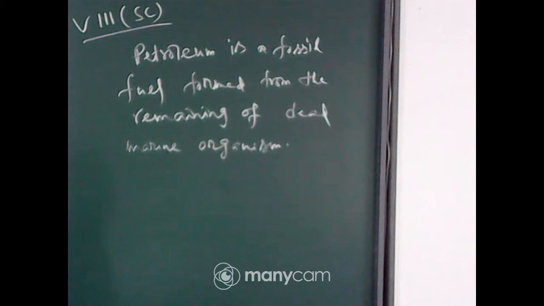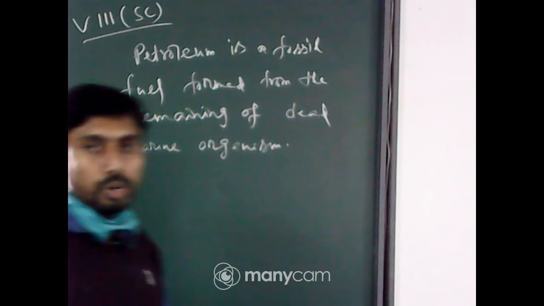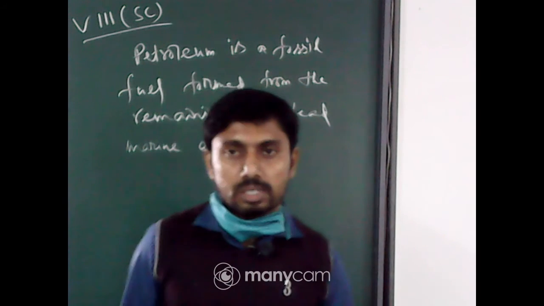Also Assam, Gujarat, Mumbai High and the river basin of Godavari and Krishna are the origin of petroleum here. Now the next point is whether petroleum is directly used or not.